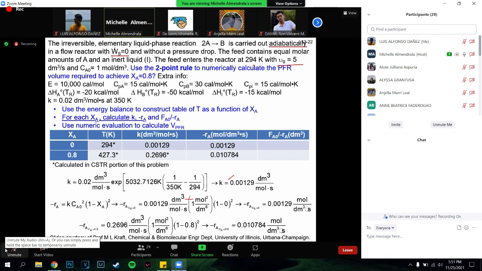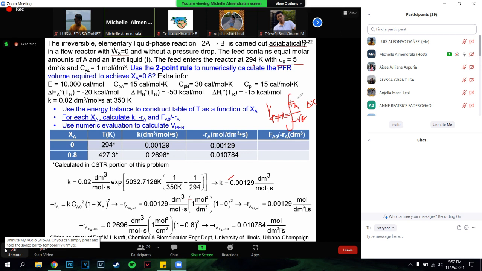And we have the Levenspiel plot, similar to the numerical or graphical integration. As you have seen, solving for the volume of the PFR, we have FA0 over negative rA. The volume for a PFR is defined that way, multiplied by delta X. This is somewhat numerical or graphical integration.